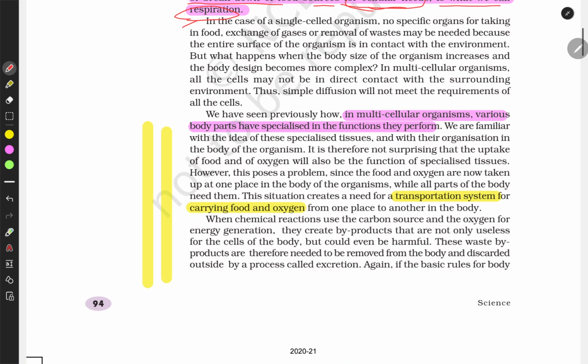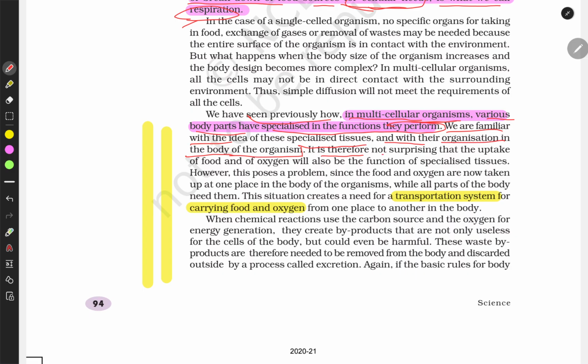We have seen previously how, in a multicellular organism, various body parts have specialized functions they perform. We are familiar with the idea of these specialized tissues and with their organization in the body of the organism.